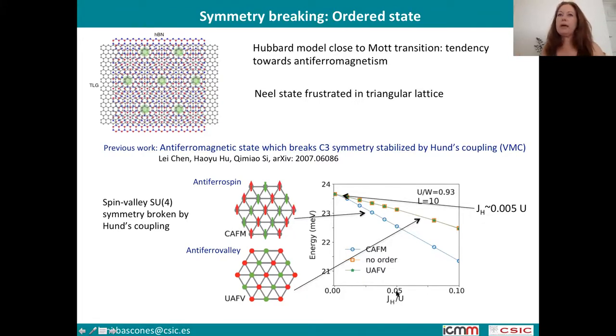So, as I said, we expect a much smaller Hund's coupling, and we in fact are starting from 0 Hund's coupling. So just from this, we would probably think that we were not going to get any ordering.